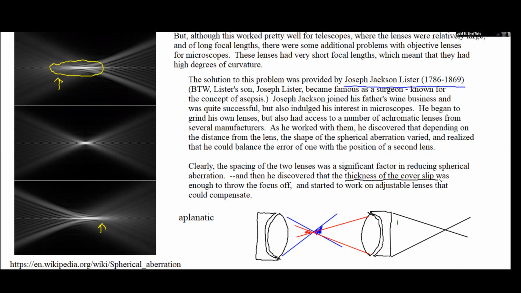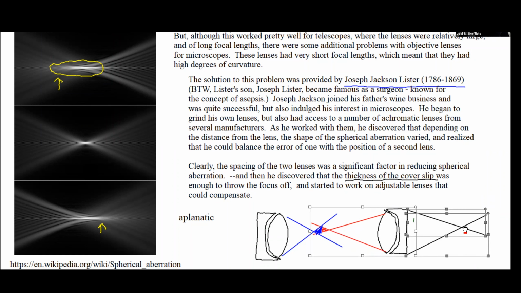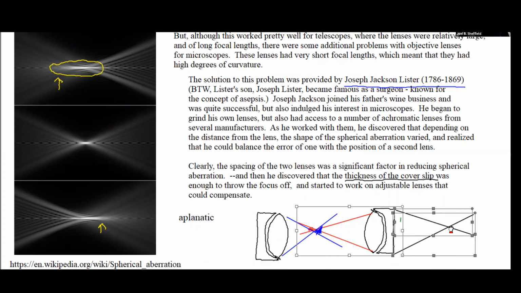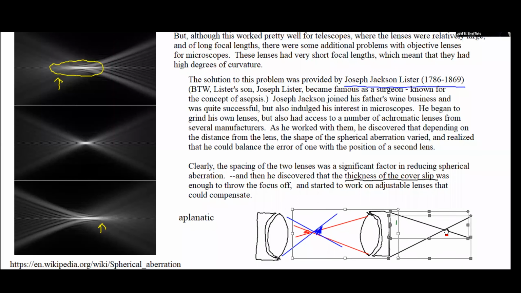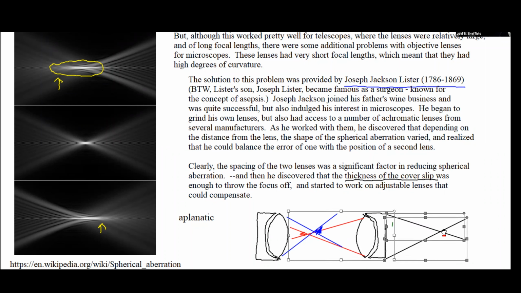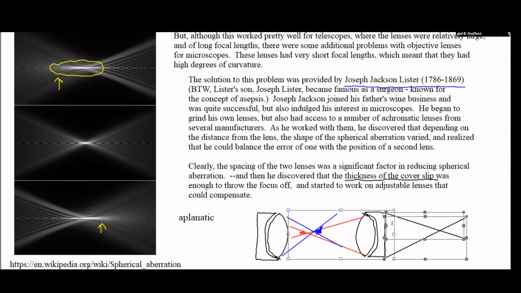And they realized that what you have to do then is develop a system. Now I've got to do one more bit of magic here. You could adjust the position of that aplanatic focus, if you will, the aplanatic spot, by adjusting one of the lenses in the system.